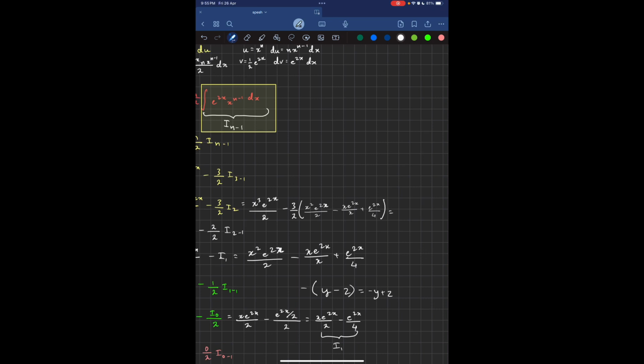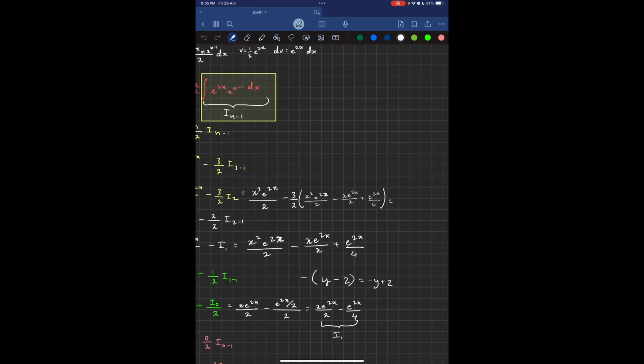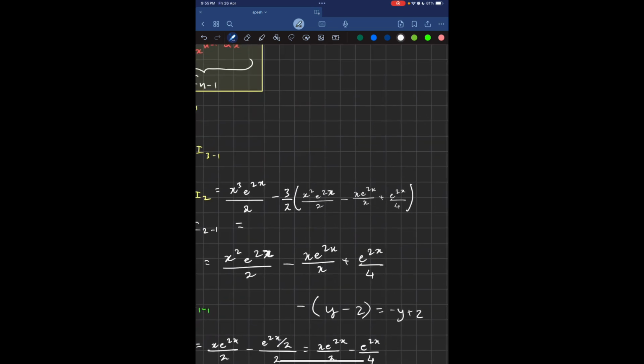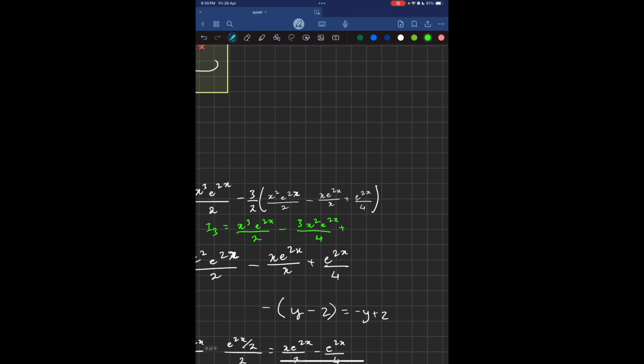And now what I'll do is I'll expand the brackets. So I3 is equal to, now I'm just expanding the brackets, to the power 2x on 2 minus 3x squared. And then it becomes a plus because here it's a minus, here it's a minus. Minus times minus gives you plus.